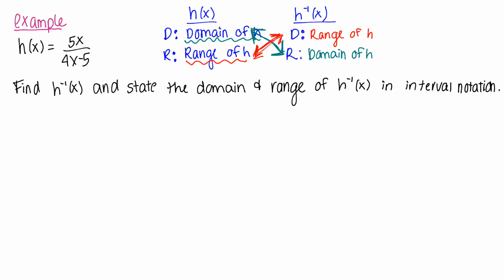We've found domains before, but finding the range of this is a problem. However, because we have this little flippy floppy thing, and finding domain is easy, we can find the domain of h, and that's the range of h inverse. And then to find the range of h, we'll just find the domain of h inverse.